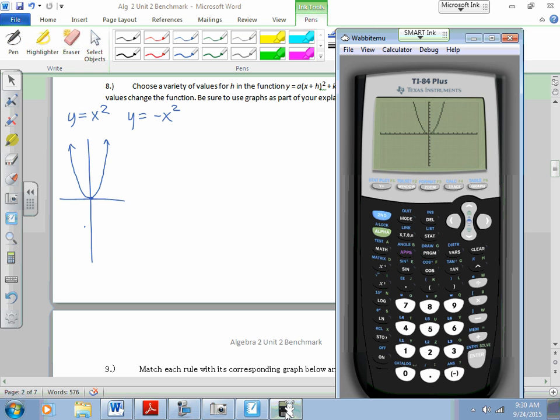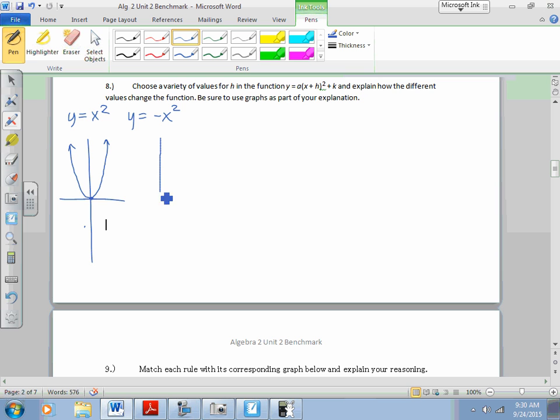So go back to your y equals, type negative x squared. All right, my graph shows that it does go down. So go ahead and draw a sketch of that.